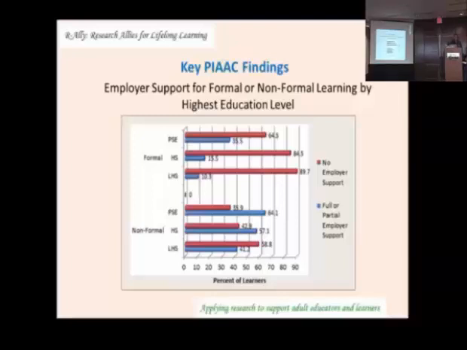Those folks that have less than a high school education already get the least employer support. So we've got a little bit of what they call a Matthew effect going on here, where the rich get richer and the poor stay very poor. And I don't mean to say that in any disrespectful way whatsoever. It just is very noticeable in these data in terms of the support that employers are providing for their employees.